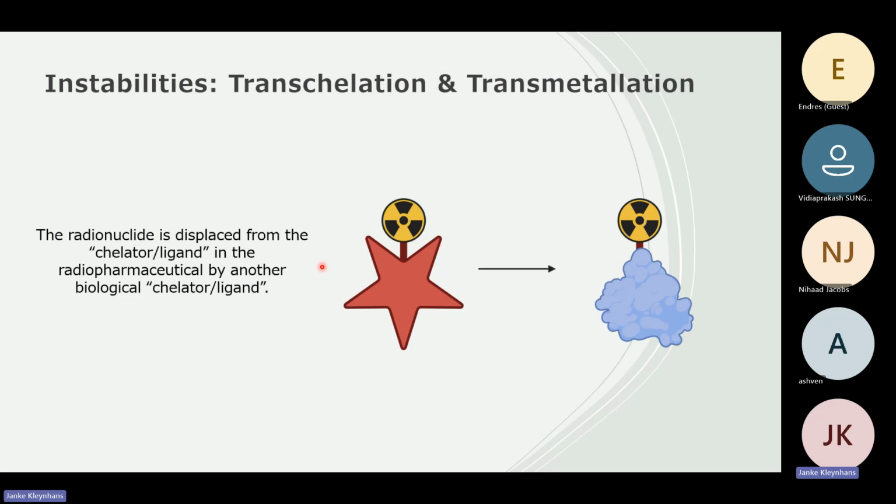So this chelator-radionuclide combination should be very stable. I use chelator and ligand interchangeably, but it's a molecule that catches the radionuclide and has it fixed really well. Like we said in the past, chelator is the Greek word for claw, so that's why we use the word catch, but it's of course much more chemically intricate than that.